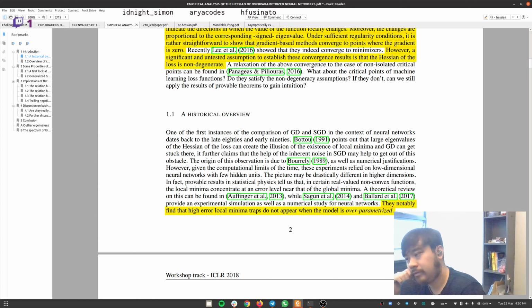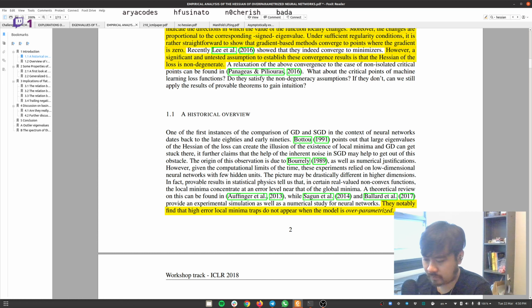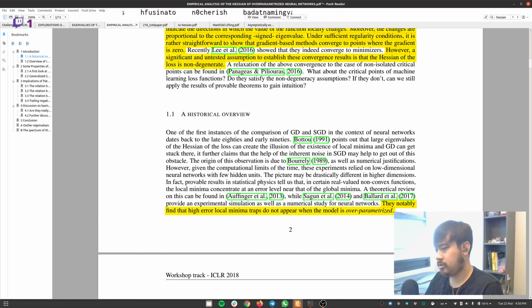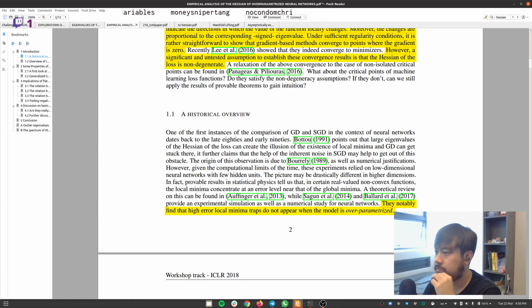Oh man, feels like there's a lot of traps in doing this project because you need to be quite familiar with all these types of notions specific to neural networks, you know, when it comes to over-parameterization. Large eigenvalues of the Hessian can create the illusion of the existence of local minima, and GD can get stuck there. It further claims that the help of inherent noise in SGD may help get out of the obstacle.